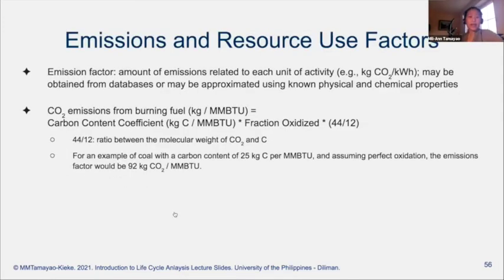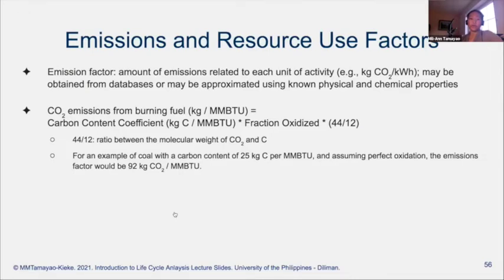And then emissions and resource use factors. When we talk about emission factor, this is the amount of emissions related to each unit of activity. So for example, kilogram of CO2 per kilowatt hour. And this may be obtained from databases or may be approximated using known physical and chemical characteristics.